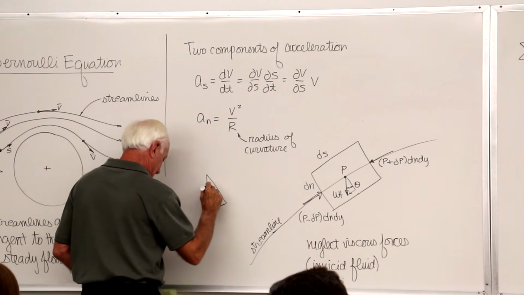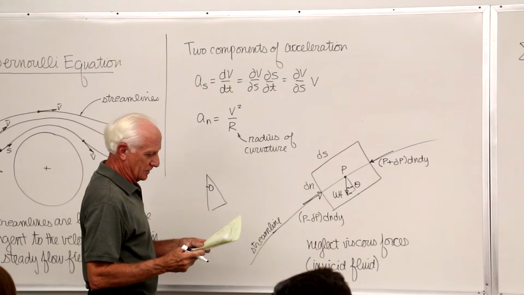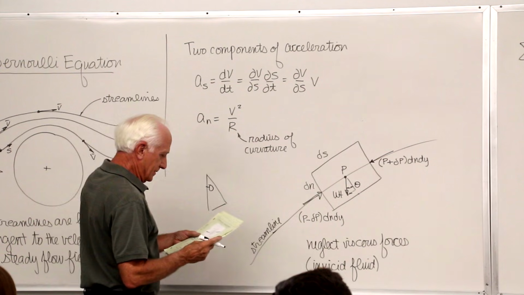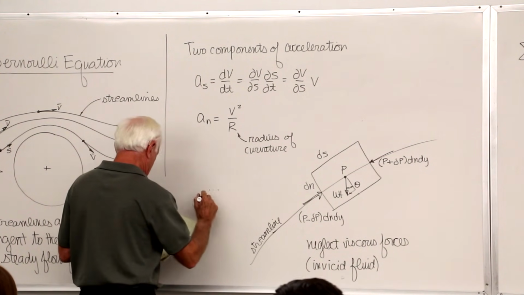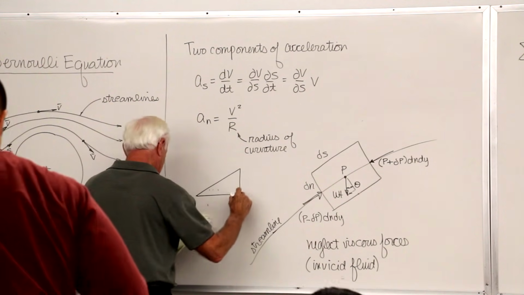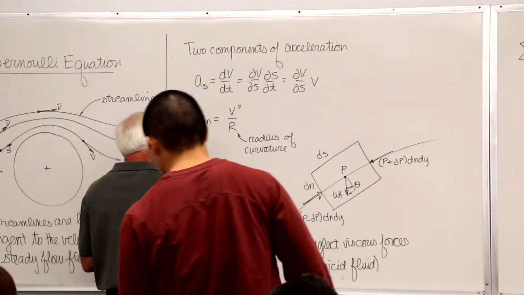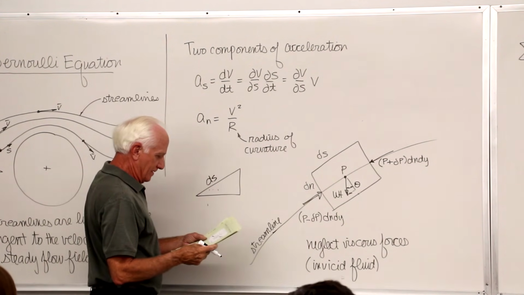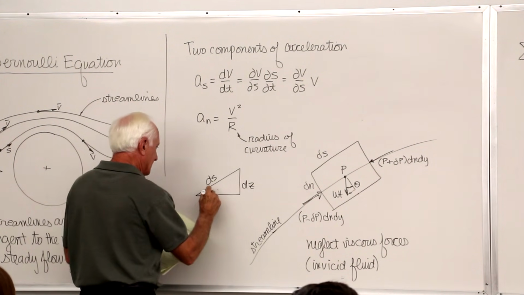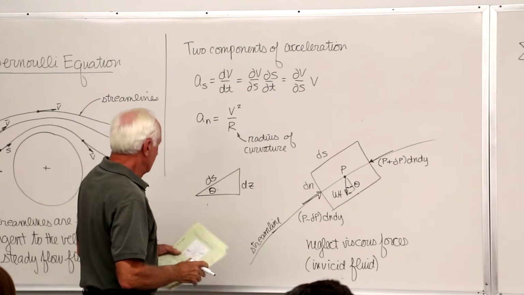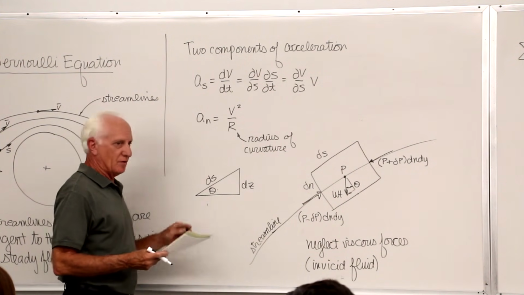It's in your textbook, but I'll put it on here. This is theta. This is ds. This is dz. So sine of theta is what? dz over ds.